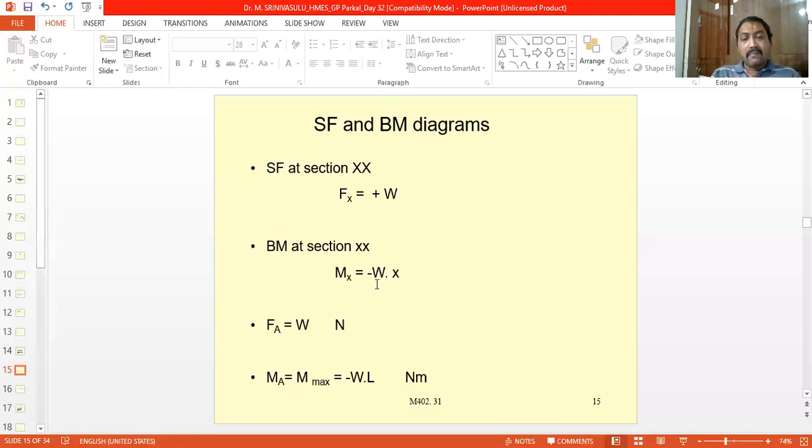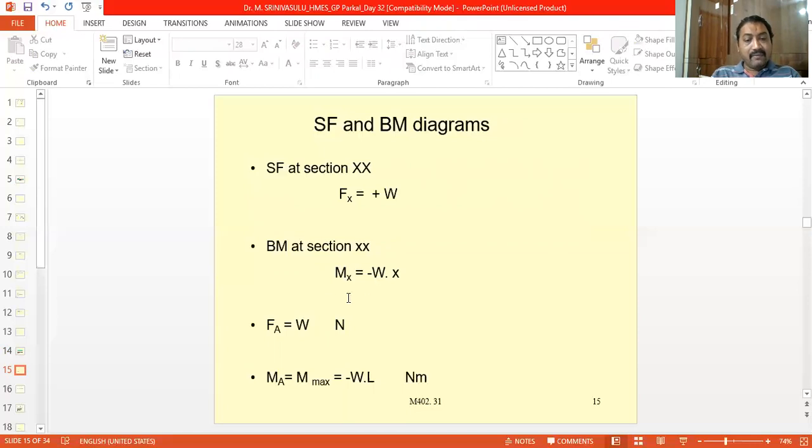Now by substituting the value of x, we can know either the shear force or bending moment at any point along the length of the beam.